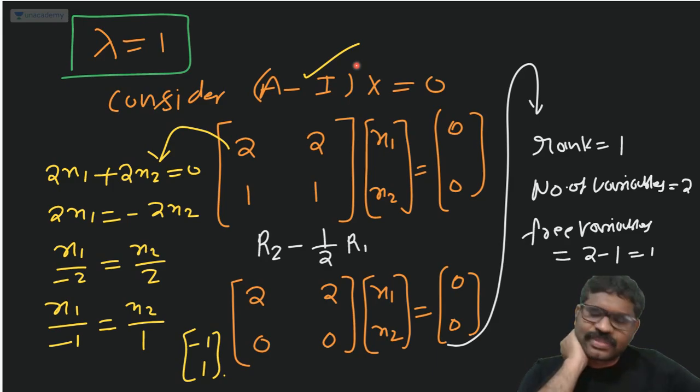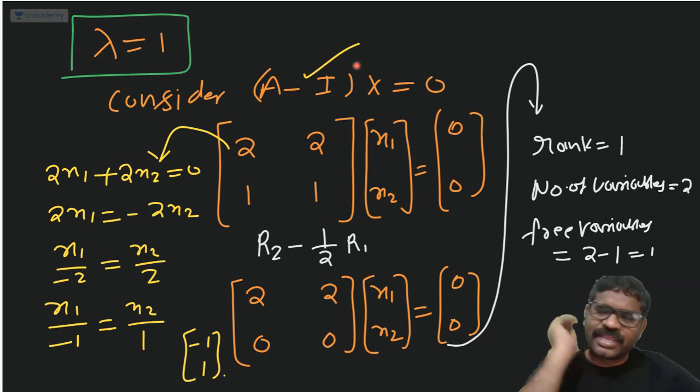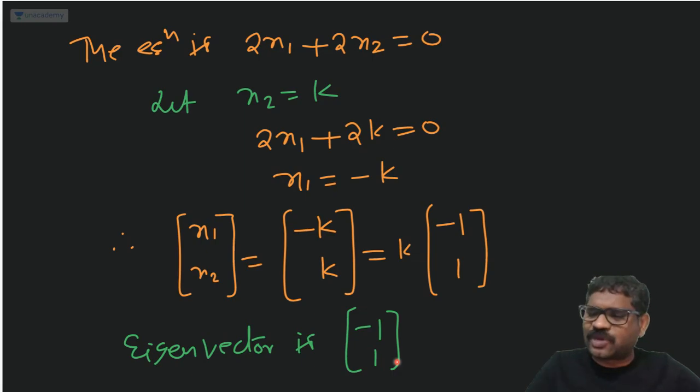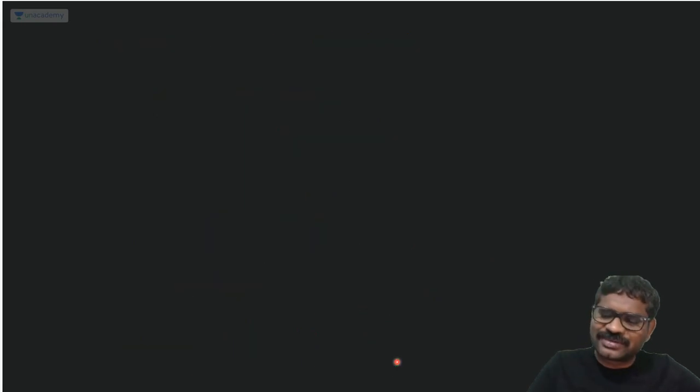Nitin, I will explain your logic. Sir, if I take x1 equal to k, I will get my 1 minus 1. Whether 1 minus 1 or minus 1, 1, both represent the same vector. Observe.